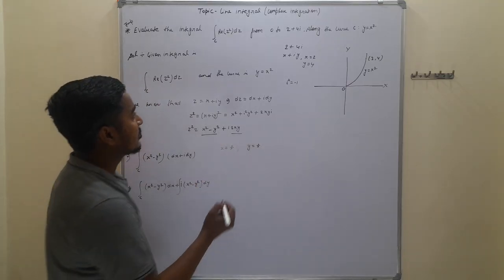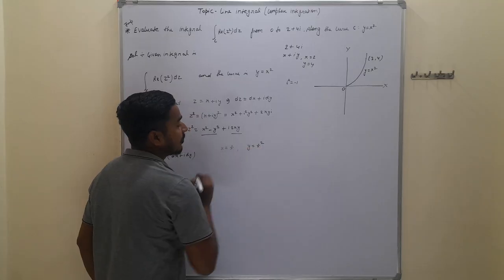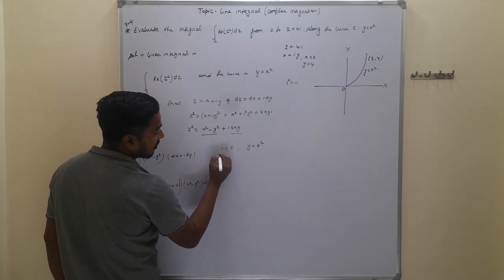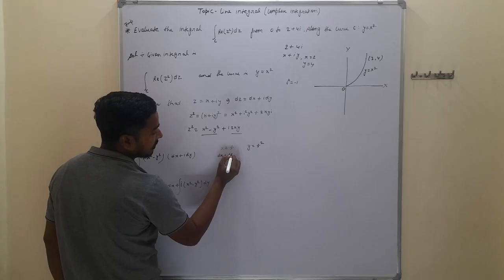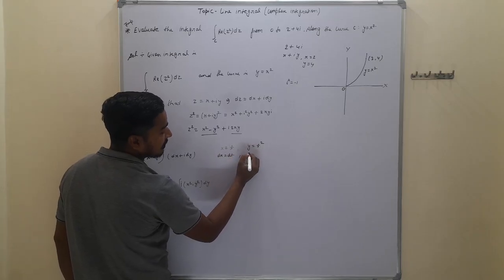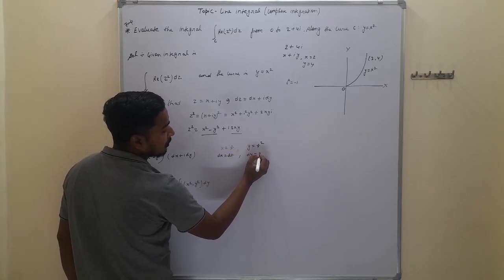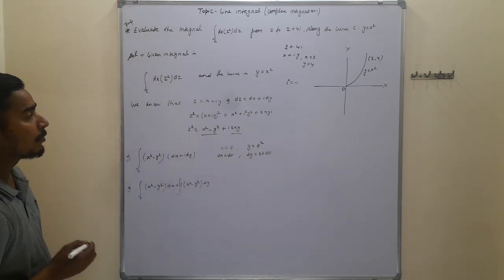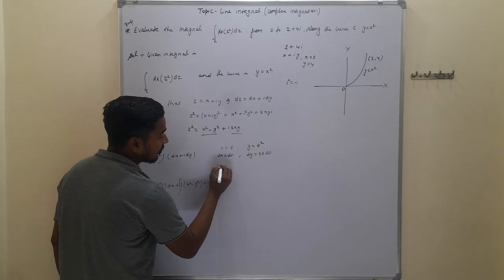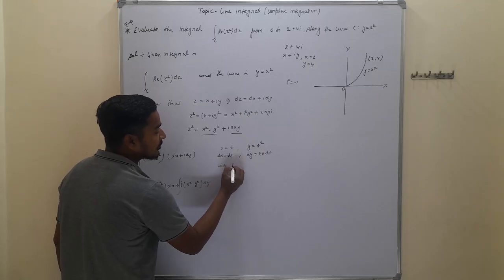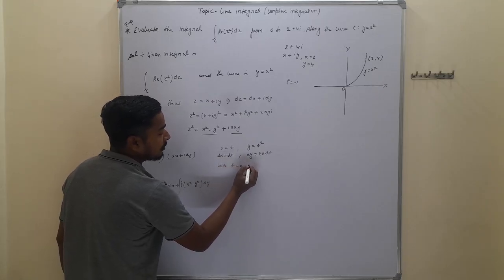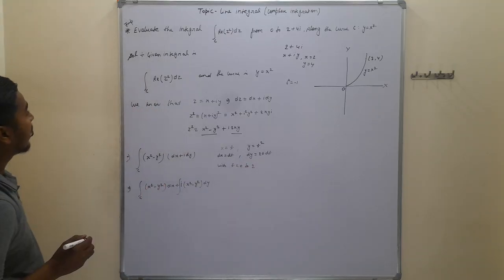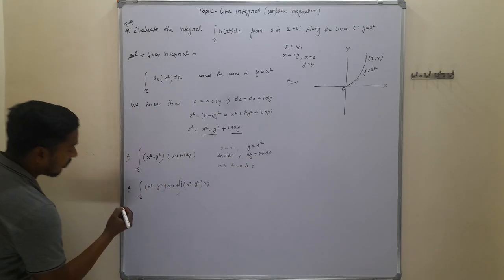From here dx is equal to dt, and dy is equal to 2t dt, and we can also put the limit t is equal to 0 to 2.